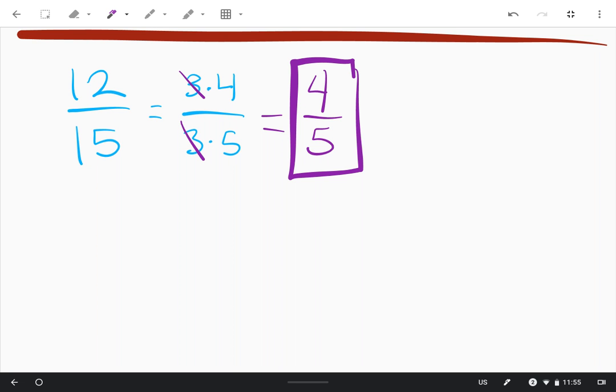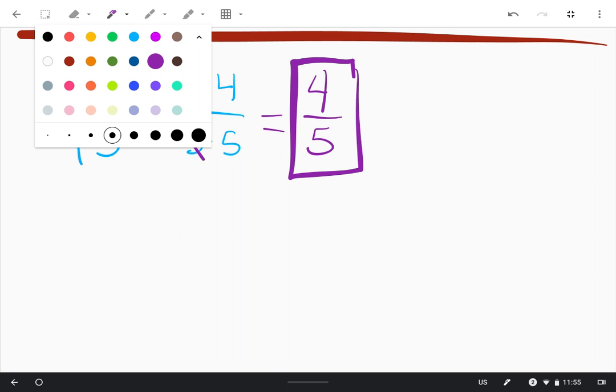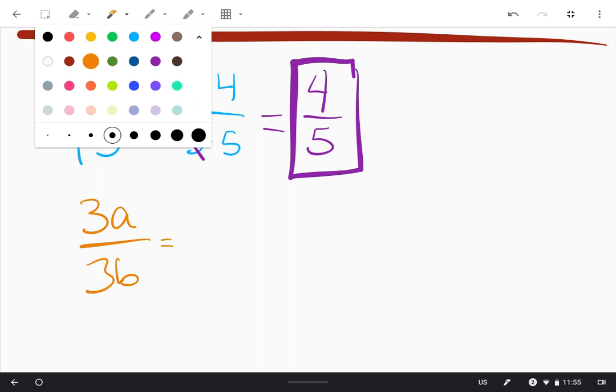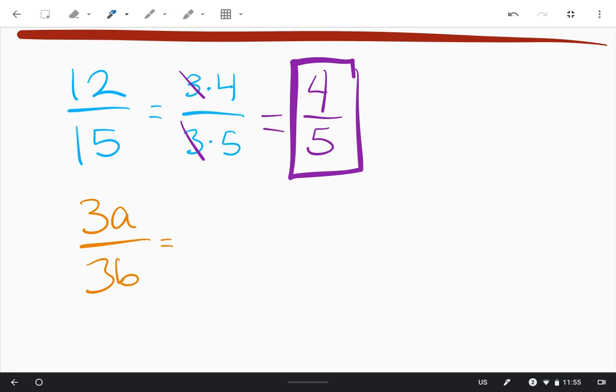And then they take it up a level. They say, okay, what if you had a rational expression with variables? 3a over 3b. Well, what they want you to understand is that variables function the same way that numbers do, and they can be canceled out with each other if there are two of the same.